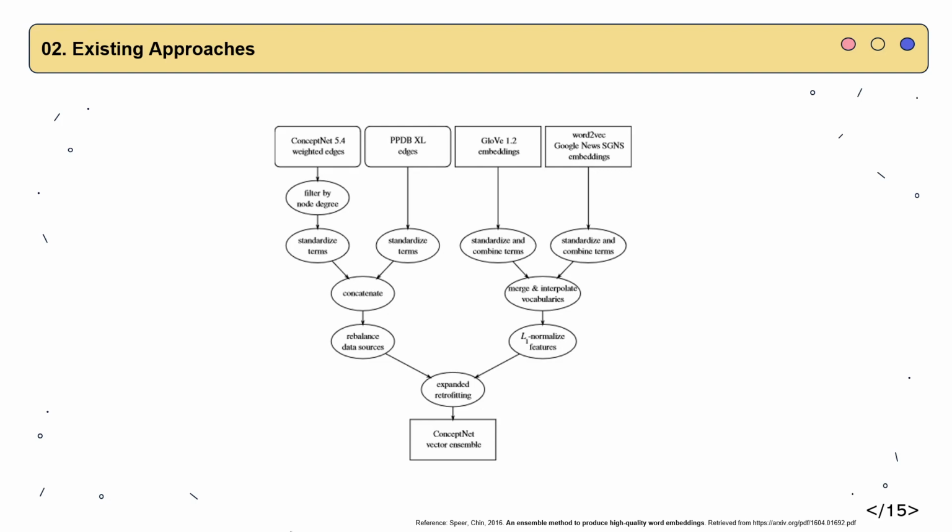So how do we combine the structured data in the knowledge graph and the unstructured data gathered from the distributional semantics of the embeddings? The paper introduced a method called expanded retrofitting that combines these unstructured and structured data together to form the synthetic ConceptNet Numberbatch ensemble.